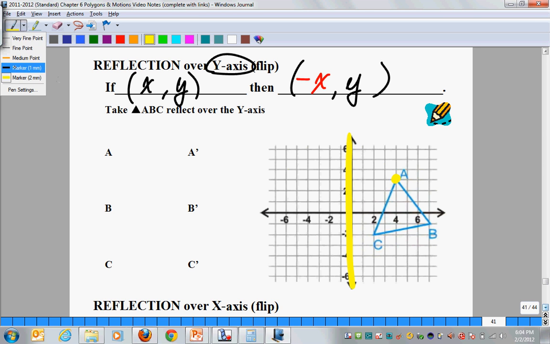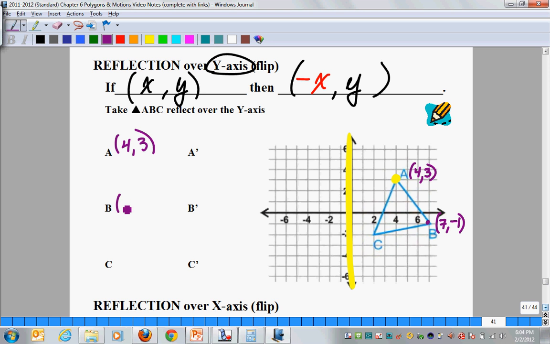Again, our original components here are A is at 4 and 3, and B is at 7 and -1, and C is at +2, -2.